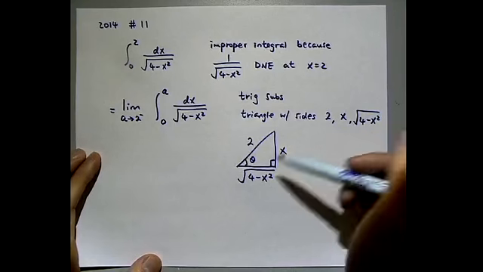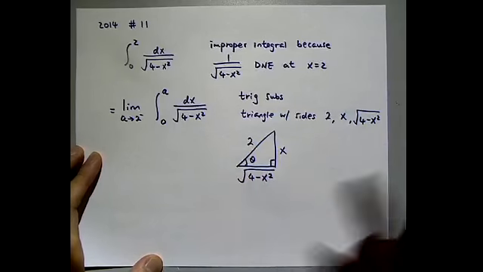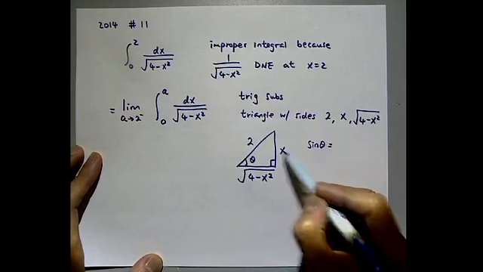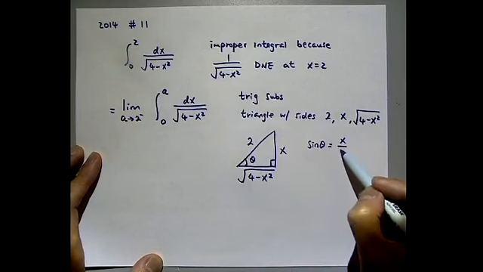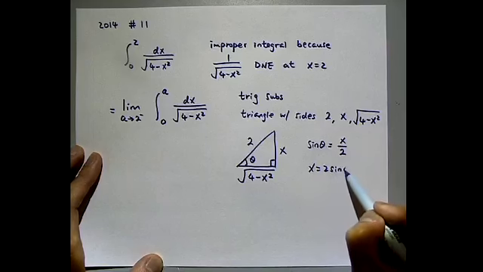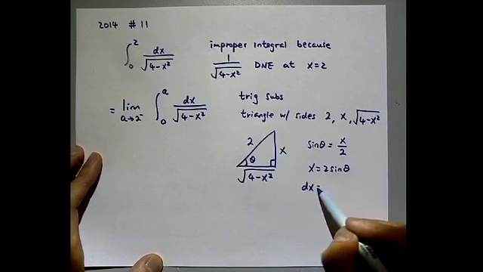Then relate x and theta in the simplest way possible using the 2 simpler sides. We're going to do a sine, opposite over hypotenuse. Then we get dx.